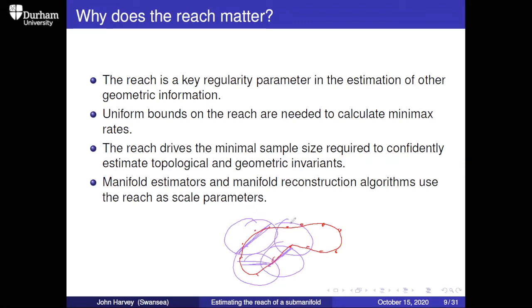When I draw this ball here, I capture bits from different parts of the manifold, and then I run into big trouble because my line of best fit runs across the manifold or does something weird. So the actual process of estimation itself requires you to know a lower bound on the reach so that you know what size balls you should draw in the first place.